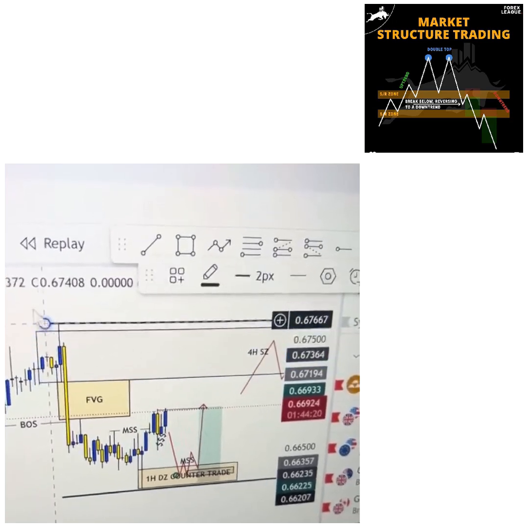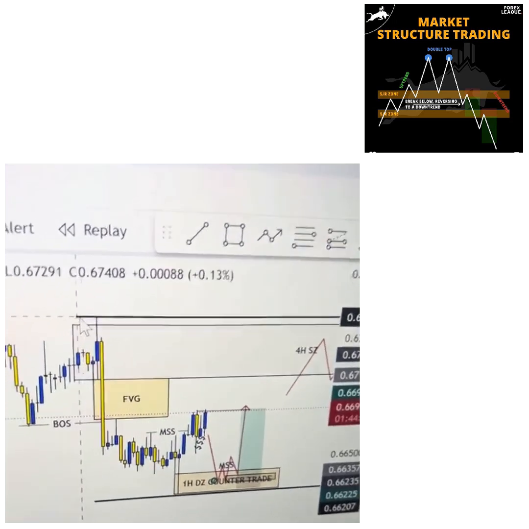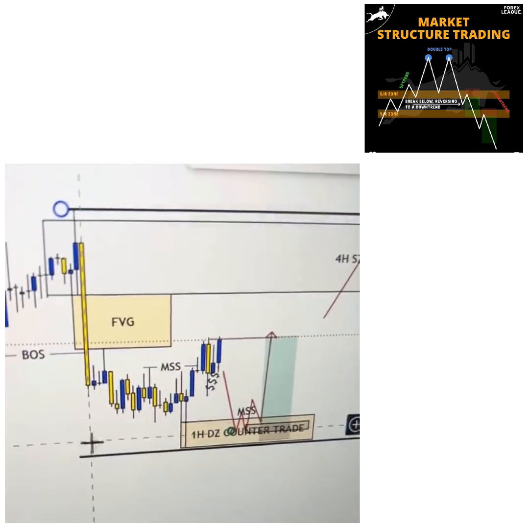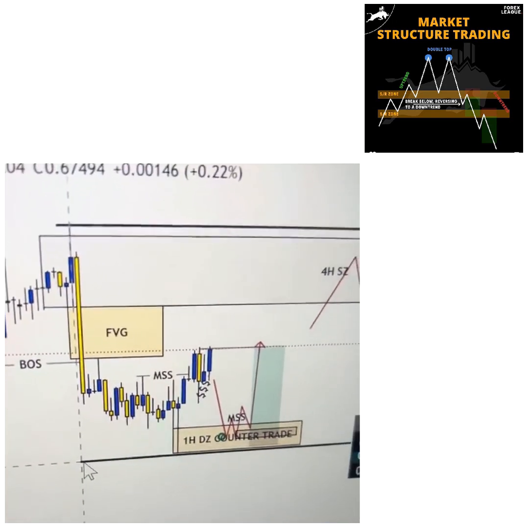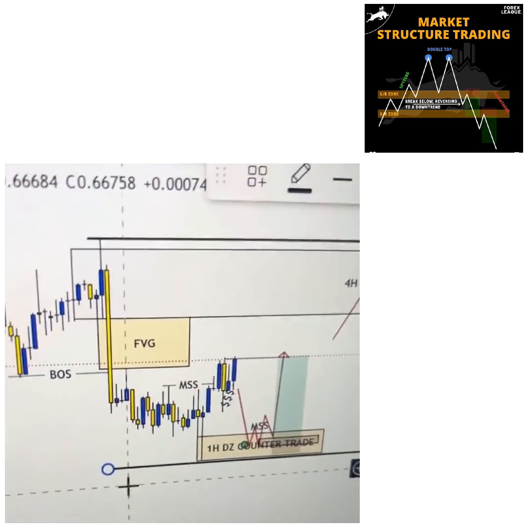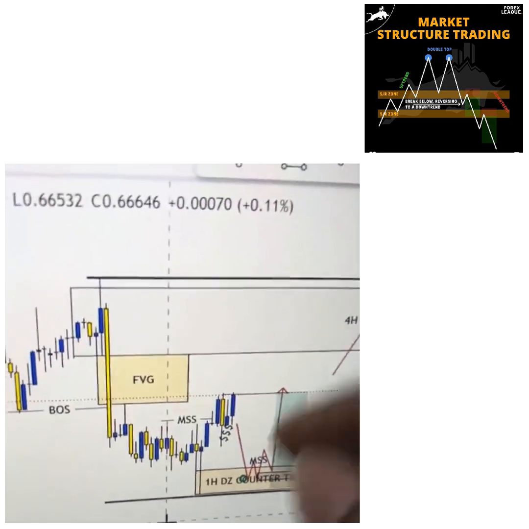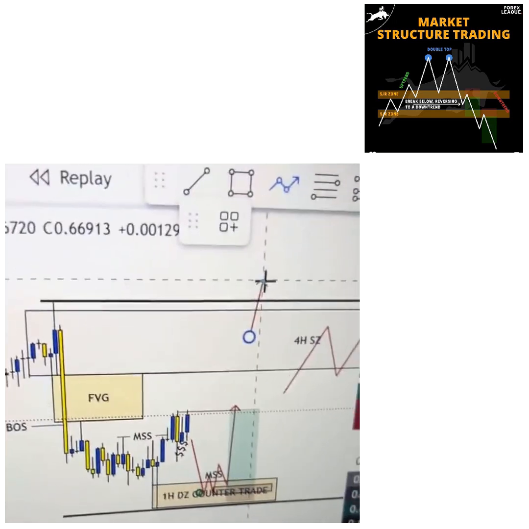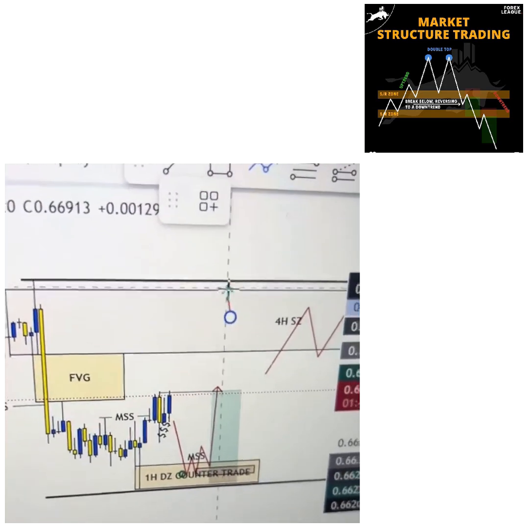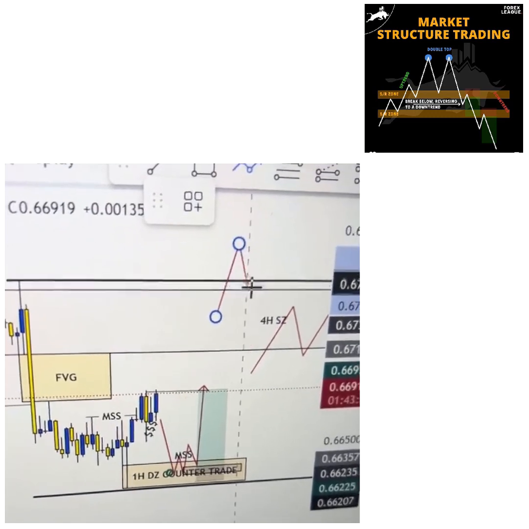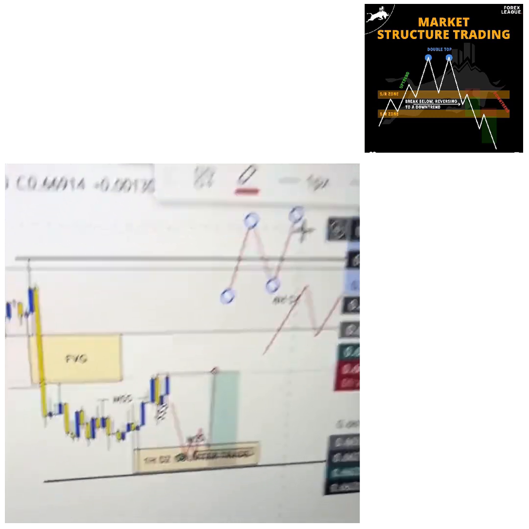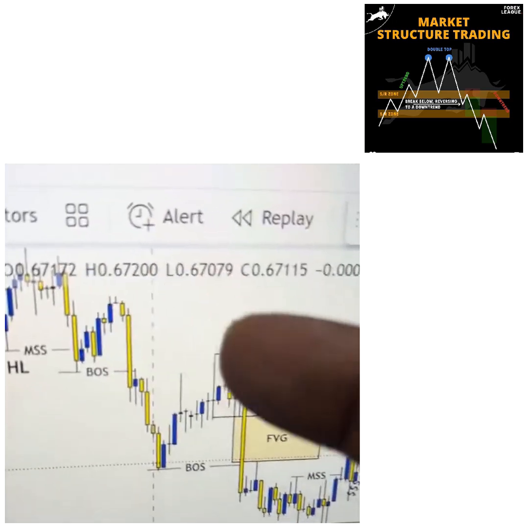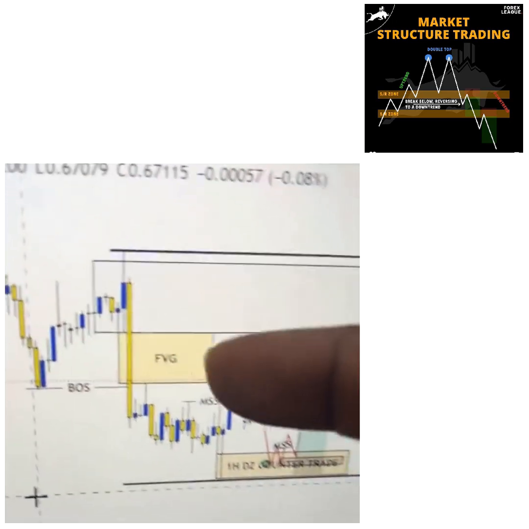For us to confirm that the price of this market will continue going down, the market should never break and close this high. If it breaks and closes this high, then the market has changed direction again. This is where my strategy was formulated from. We focus on the two recent swing highs that show the market is going down.